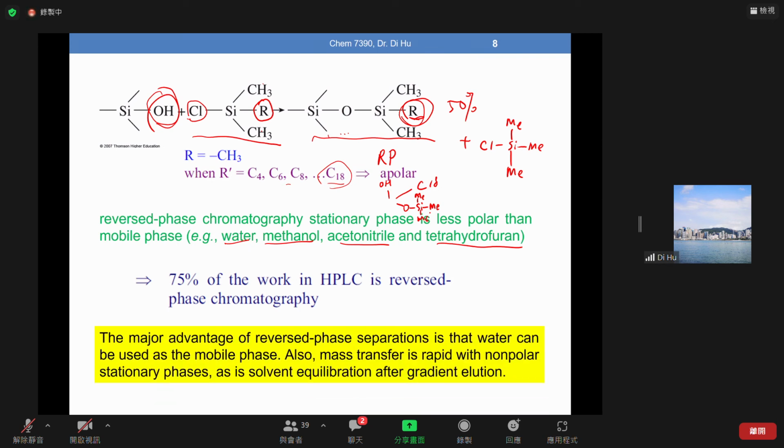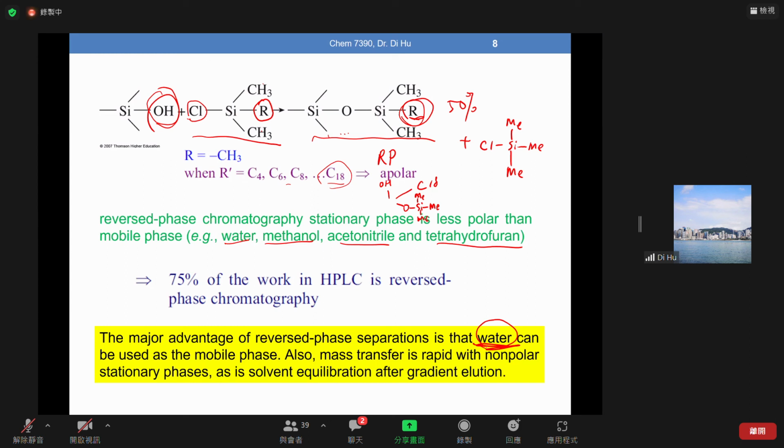The reason for that is that reverse phase chromatography can handle a polar mobile phase. And what does the polar mobile phase often use? Water. Water can be used as a mobile phase, which means the sample can dissolve in water. Many biological samples dissolve in water, and water is inexpensive, UV transparent, and compatible.